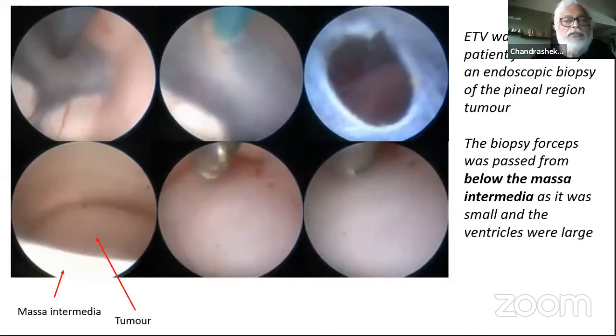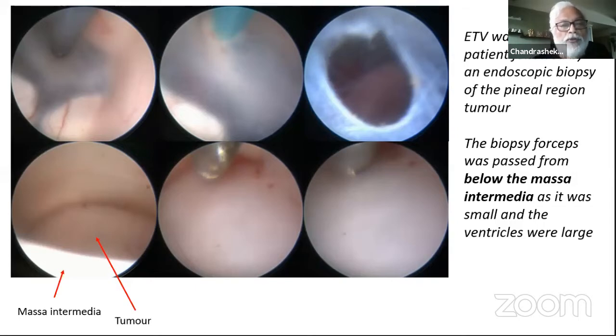So we actually went further a second time by an infratentorial supracerebellar approach and removed this lesion. These are the usual pictures, and this is how you can take a biopsy. Earlier, I used to say that you should use a 30-degree scope for biopsy because you get a better angle onto the tumor, a more end-on view rather than a side view.